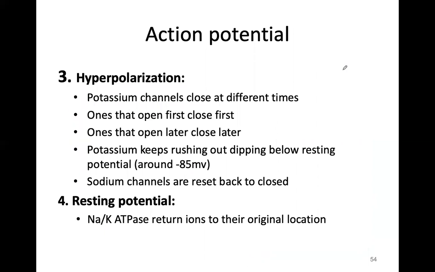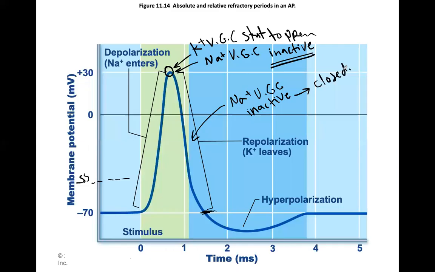Hyperpolarization, which is when you dip farther than -70, you become even more negative than -70. The reason for that is because the potassium channels that are causing the repolarization are opening at different times, and therefore they're going to close at different times. So the ones that open somewhere up here are gonna close somewhere down here.